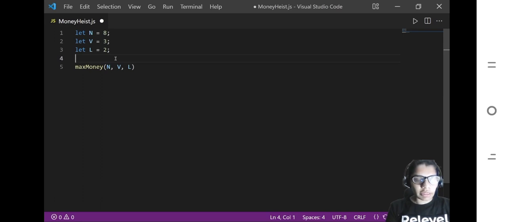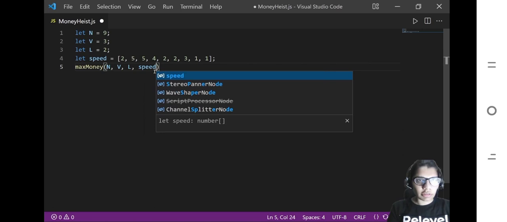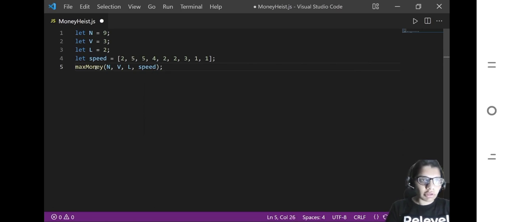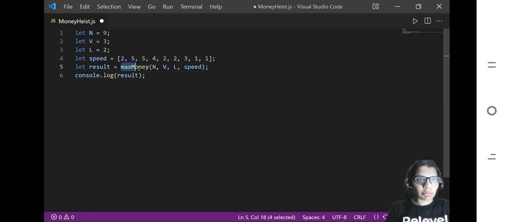So let speed array, and here we don't have 8 but 9 minions, right? And we will also pass our speed array in the function. And whatever result we would get from here, so let result, we will just print that result. So console.log your result.